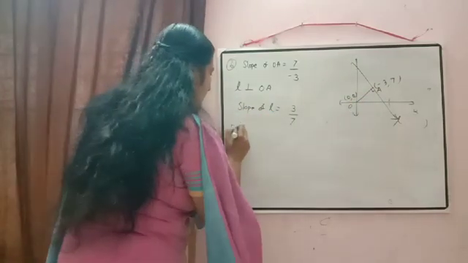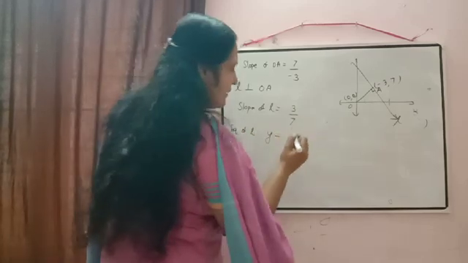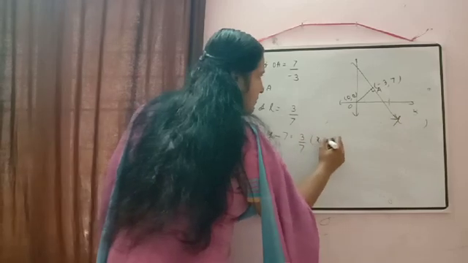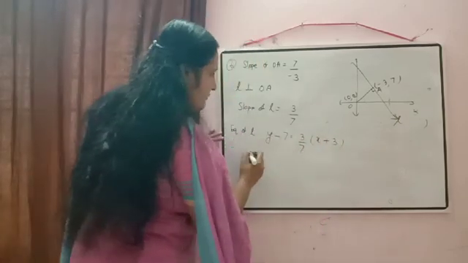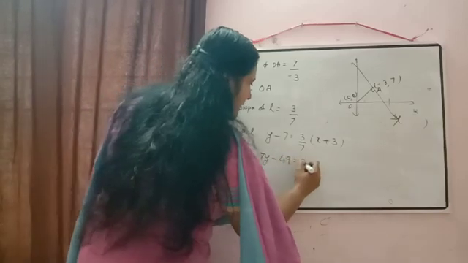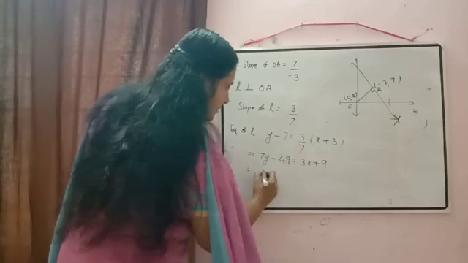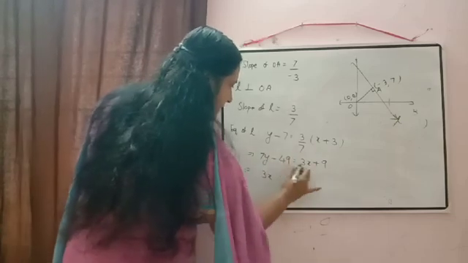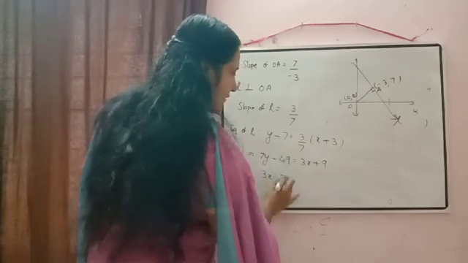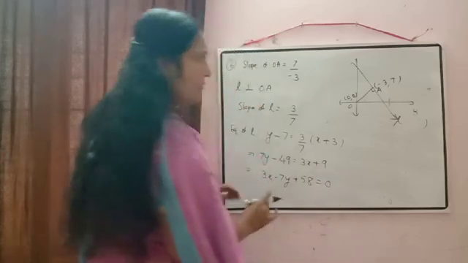So the equation of L: y minus y1, so y minus 7 is equal to 3 by 7 into x plus 3. Shifting, we get 7y minus 49 is equal to 3x plus 9. Shifting all the expression to one side, we get 3x minus 7y plus 9 plus 49, 49 plus 9 is 58, equal to 0.